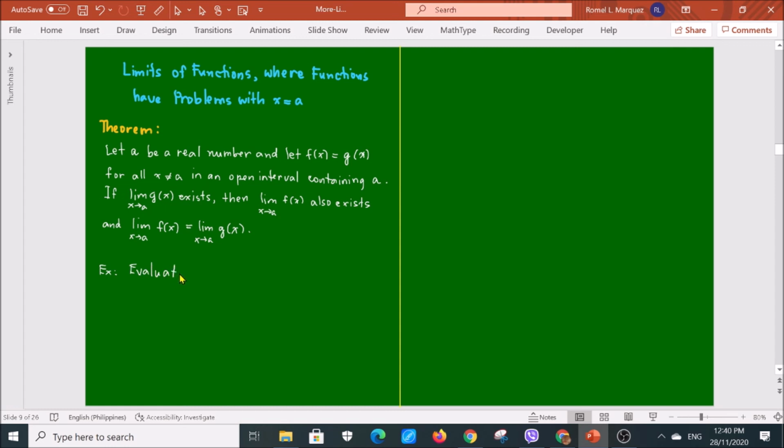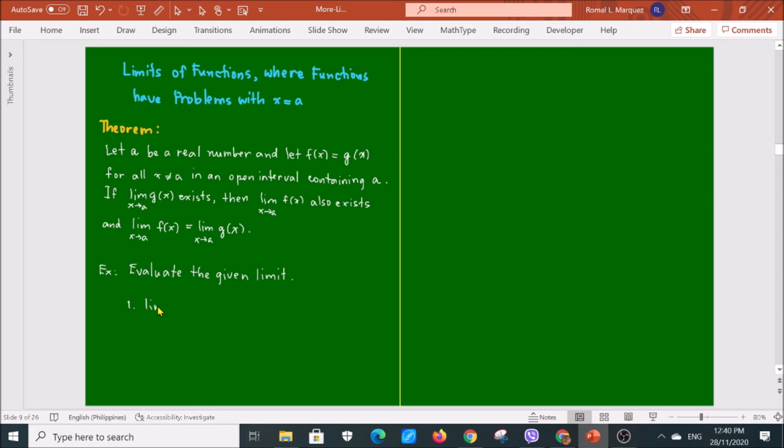Evaluate. So instead of evaluating the limit of the original function, we're going to evaluate the limit of another function having the same limit as the original, whose limit is not obvious, but the new function has an obvious limit. Number 1.